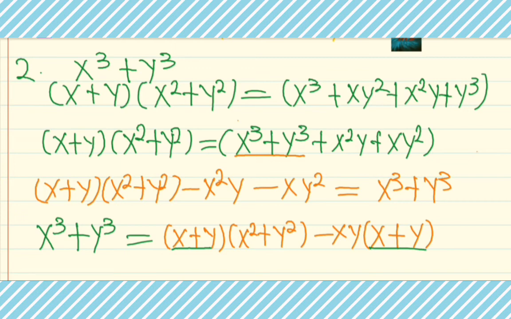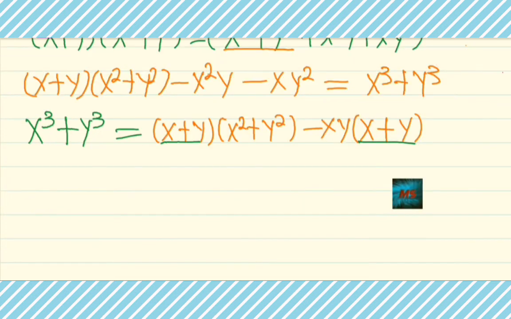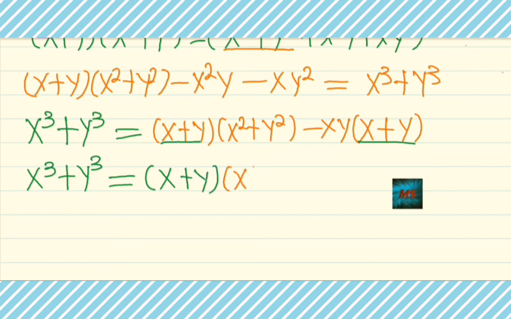So we're going to factor out the x plus y and we'll have x cubed plus y cubed equals (x plus y)(x squared plus y squared minus xy).